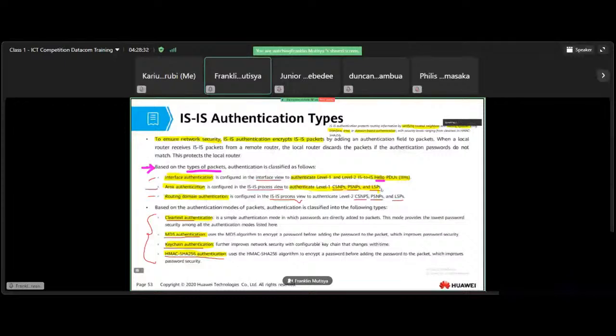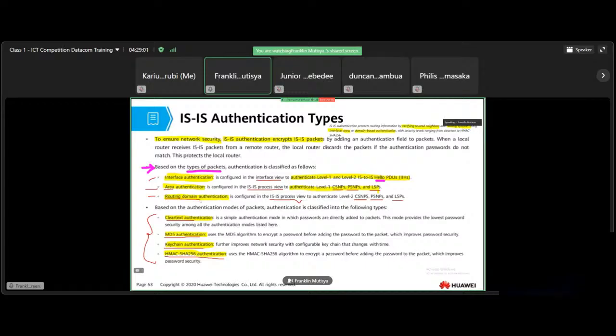We also discussed the type of packets that are authenticated. So we have the LO packets for interface authentication. We have the complete sequence number PDUs and partial sequence number PDUs, and also link state PDUs, which are used under area authentication.